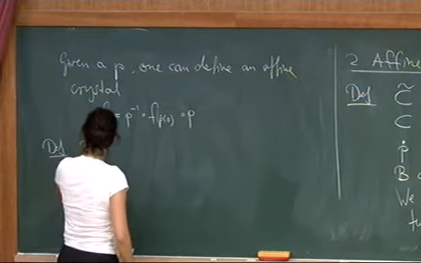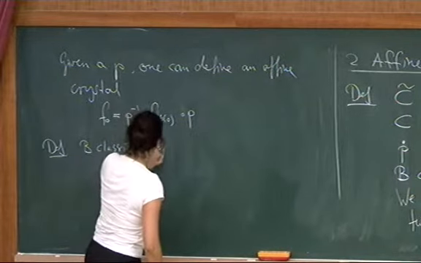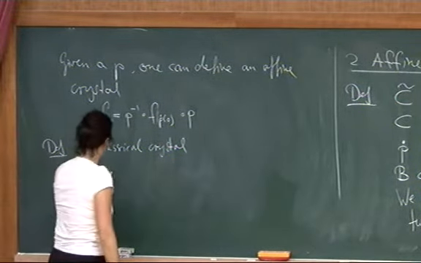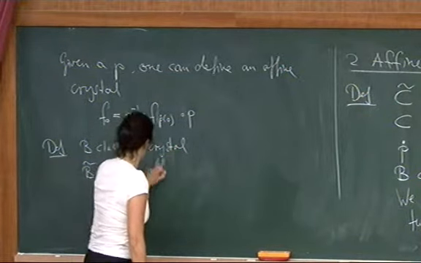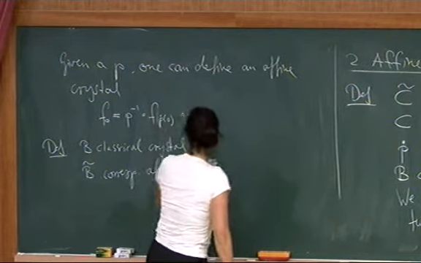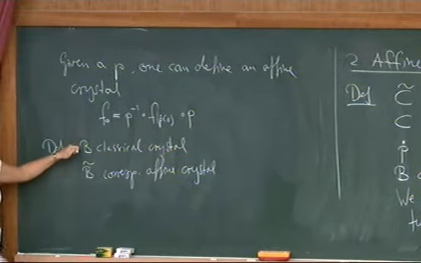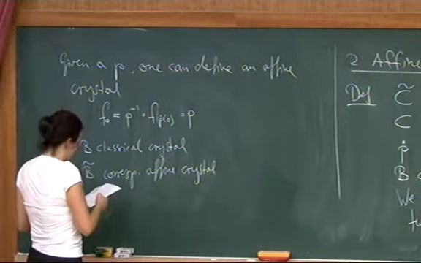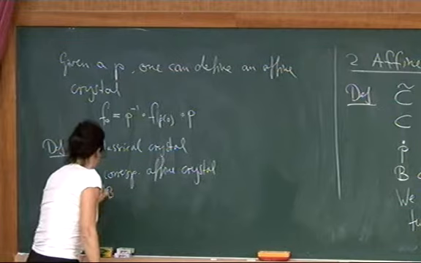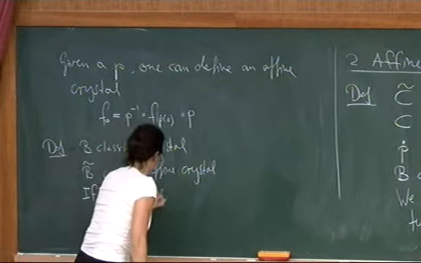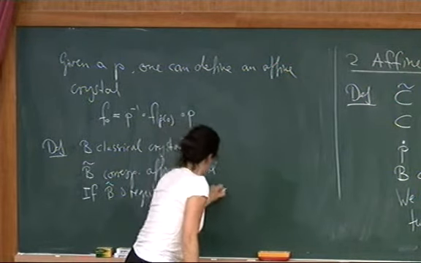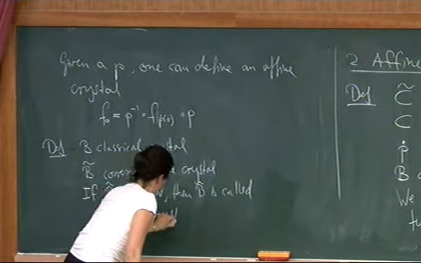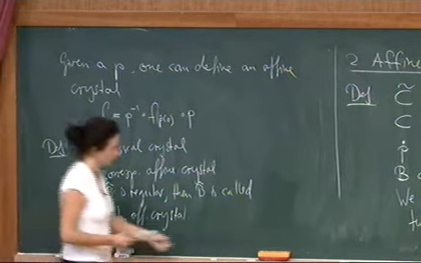If you have B a classical crystal, and if I now denote by B tilde the corresponding affine crystal, by which I mean it has the same nodes, the same classical arrows, and some zero arrows possibly constructed like this, then if B tilde is regular, I call this a combinatorial affine crystal. That's just a definition.